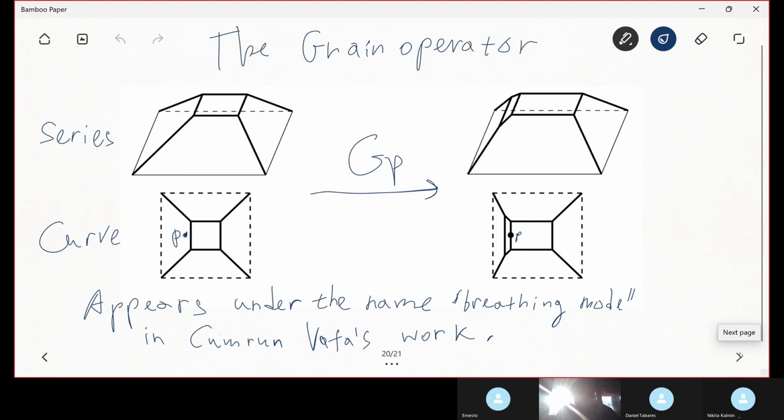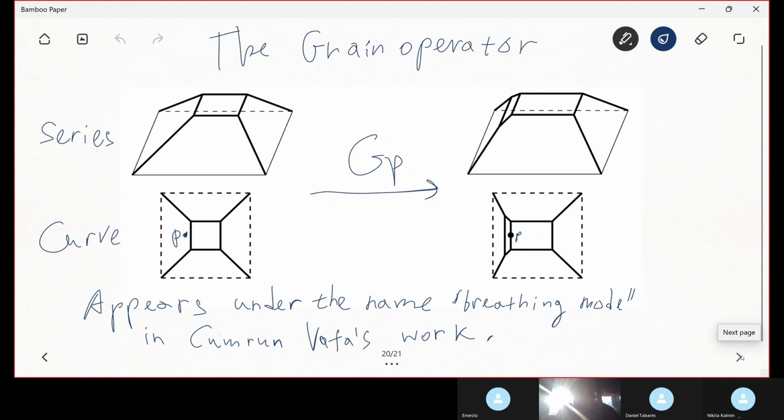And these operators appear under the name breathing mode in Kumrun Vafa's work, in the context of string theory. So before tropical geometry. Or am I wrong? No, I think I'm wrong. I don't remember which year it is, actually. Okay, I should have prepared better.